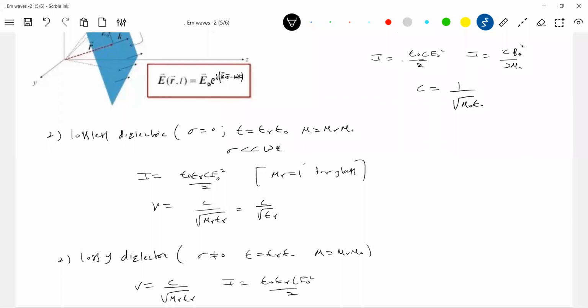Then as the wave propagates, the energy of the EM wave decreases, as the medium absorbs energy.